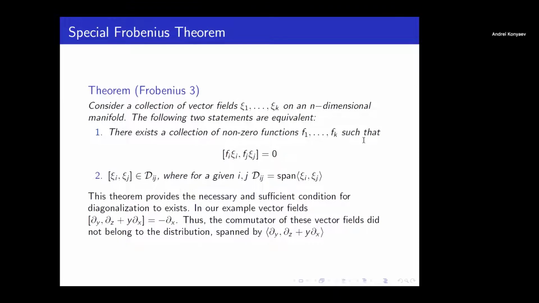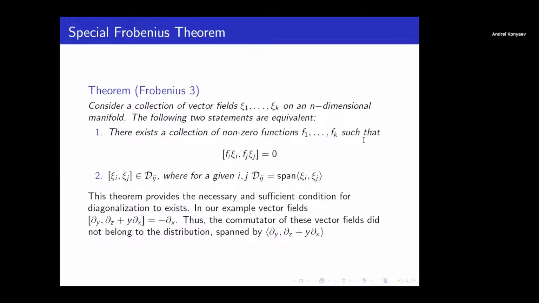The next theorem, which we call Frobenius 3, because it's similar to the previous 2 Frobenius theorems, gives us an answer, some sort of bridge to understand how do we get from the coordinate systems and collection of vector fields to some tensorial conditions, right? This is important.